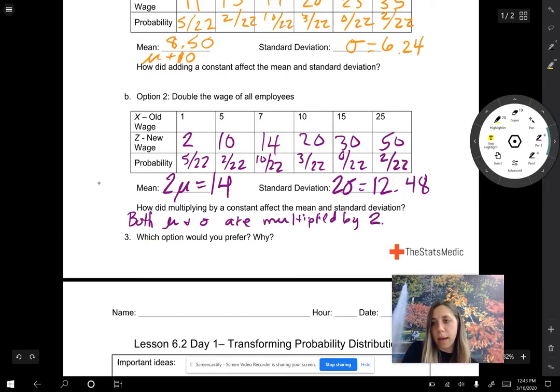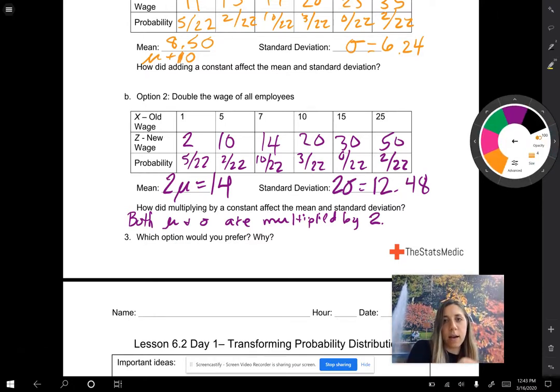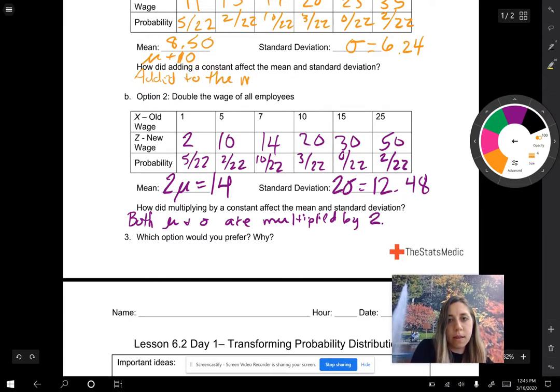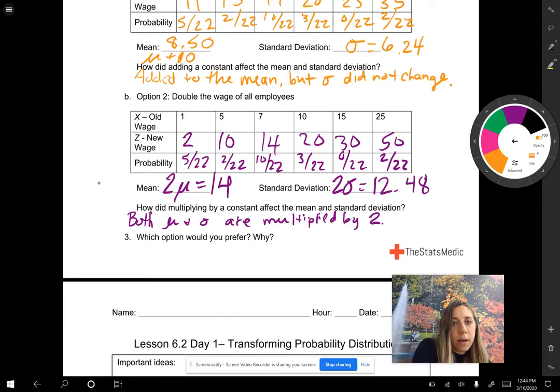And if we go back up to the other one, adding a constant added 10 to the mean, but the standard deviation did not change. So there you have that.